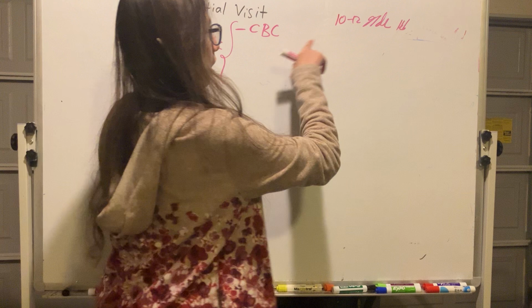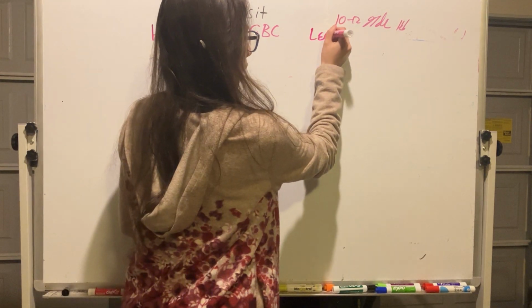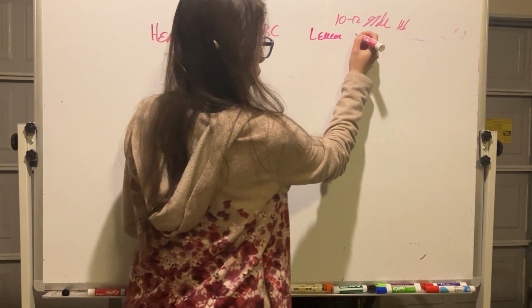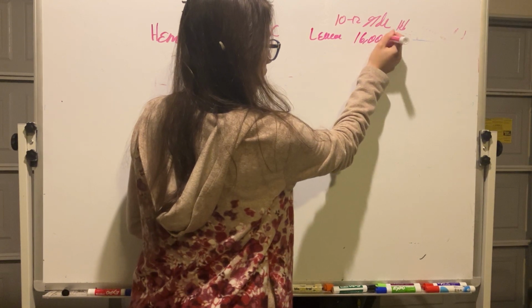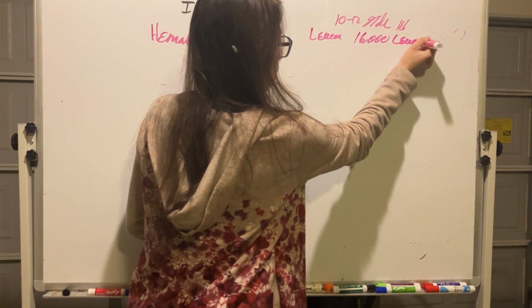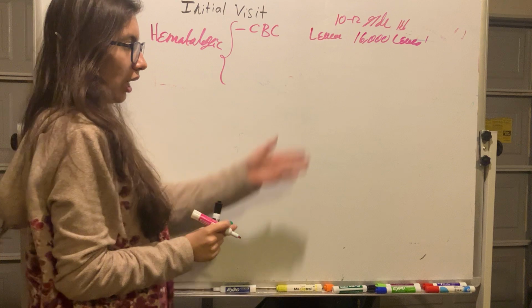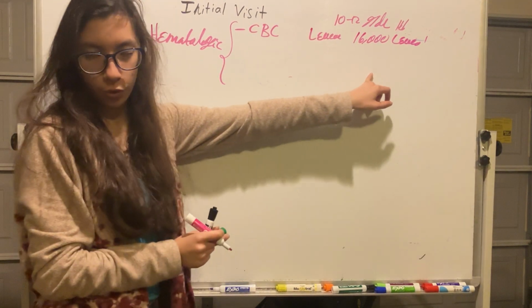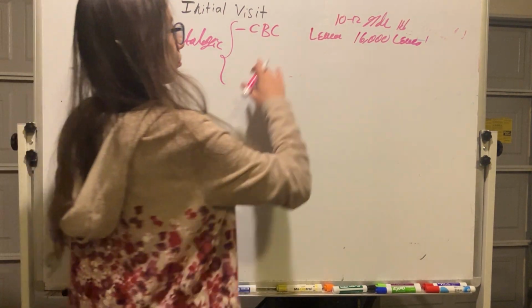And the normal count of leukocytes is up to 16,000 leukocytes. So it's normal to have an increased amount of leukocytes during pregnancy.